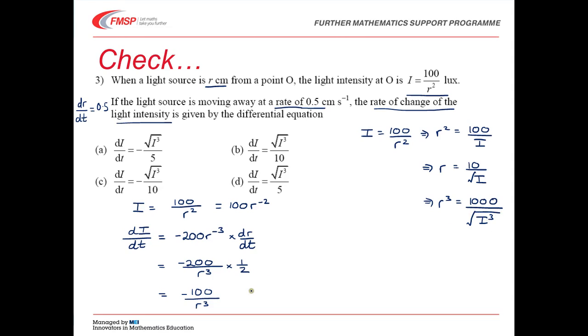Now I can substitute that back in to where I was before. dI by dt is minus 100 over 1000 over root I cubed. So that's minus root I cubed all over 10. And that's option C.